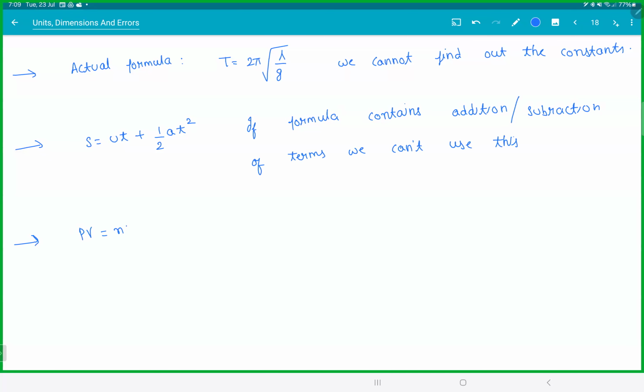If your formula is PV equals nRT, and the formula contains more than 3 dimensions, you see you have mass, length, time, Kelvin, mole, you have all 5. Again, we can't.